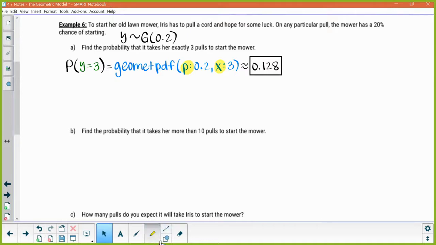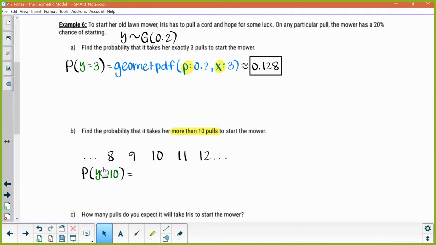Now, find the probability that it takes her more than 10 pulls to start the motor. So, again, our calculator is only doing less than or equal to. So this question is asking me, what's the probability that y is greater than or equal to 10? My calculator can't do that. So I have to, again, work in the realm of what can I actually find. So I, a number line person, a physical person who needs to see it to process it, draw out a number line.